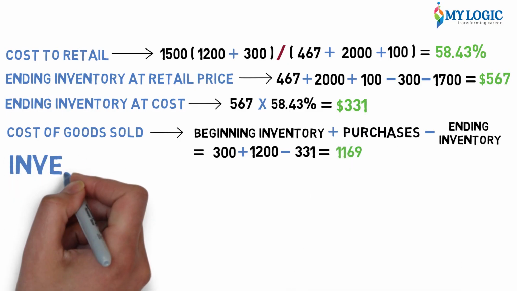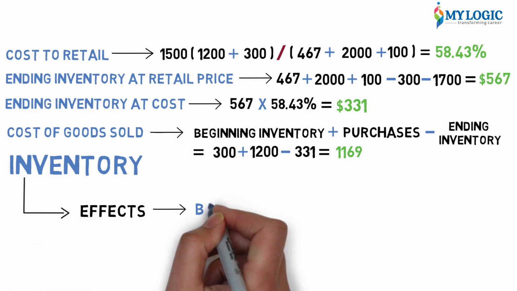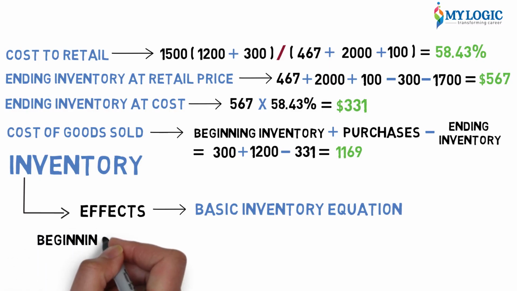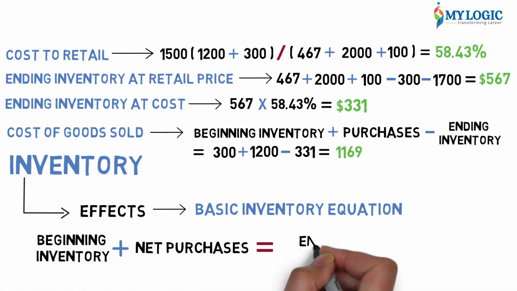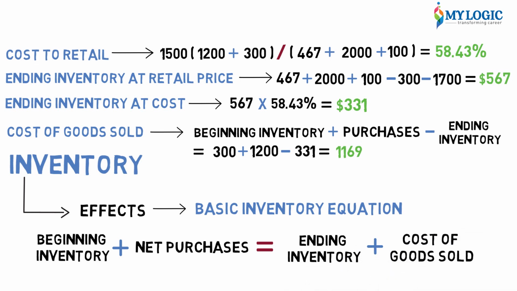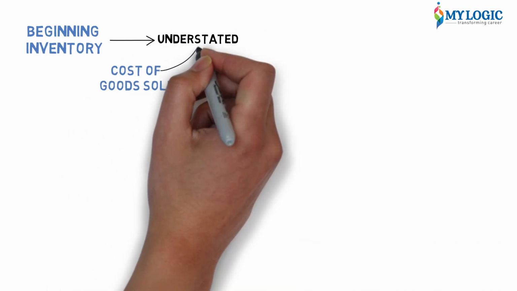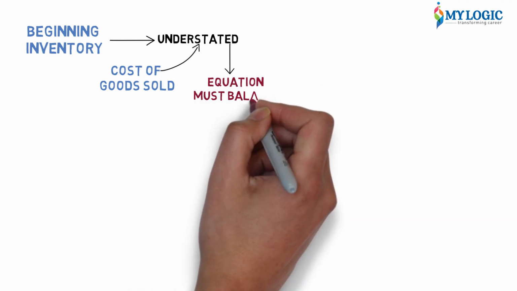Next topic is inventory errors. Inventory effects are analyzed with the basic inventory equation: beginning inventory plus net purchases is equal to ending inventory plus cost of goods sold. If beginning inventory is understated, then the cost of goods sold is also understated, everything else being the same, because the equation must balance.